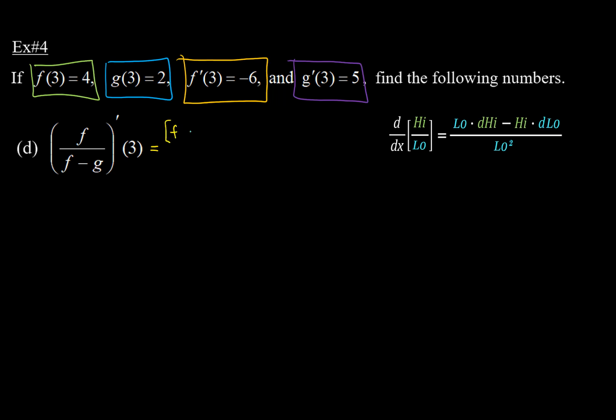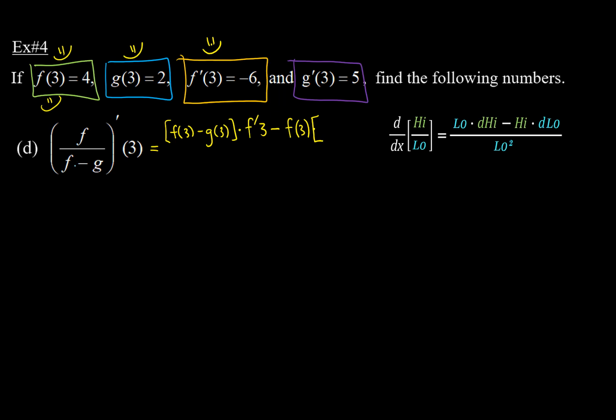So we need to do low, which is the f of 3 minus g of 3, times the derivative of the high, which is f prime of 3, and then minus the high, which is f of 3 again, times the derivative of the low.